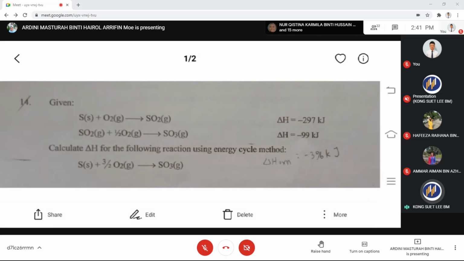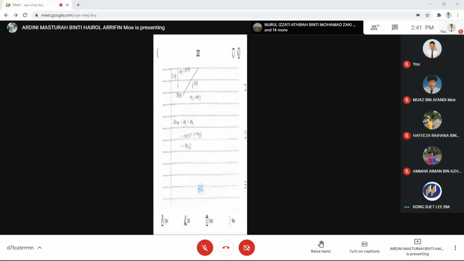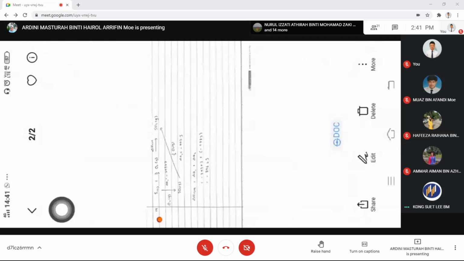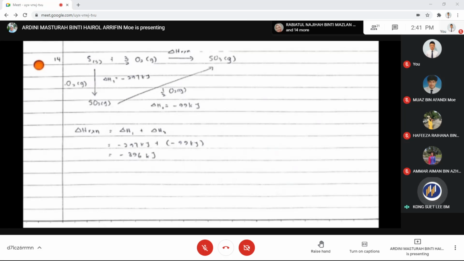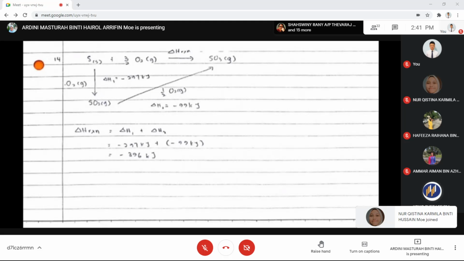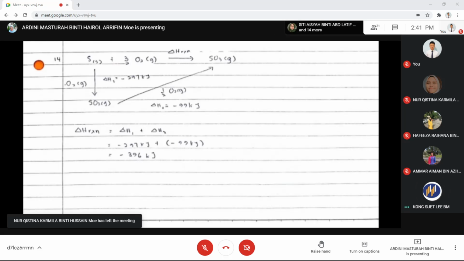According to the question, there are two equations given with the enthalpy, and the equation asks to calculate enthalpy for the following reaction using energy cycle method. First, we need to draw the energy cycle diagram first. And write the equation S plus 3 over 2 O2 and produce SO3.